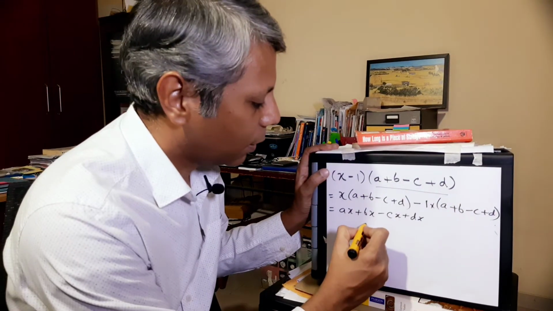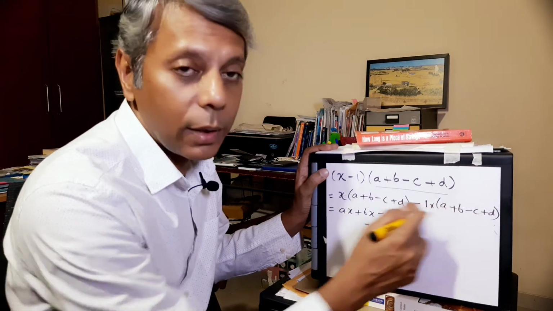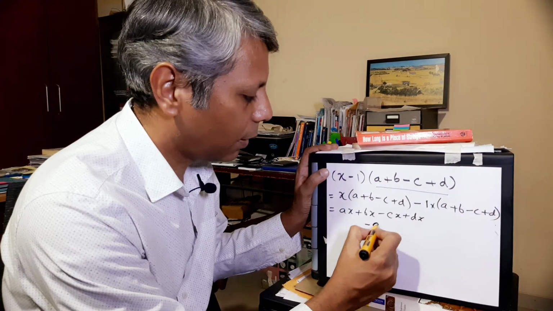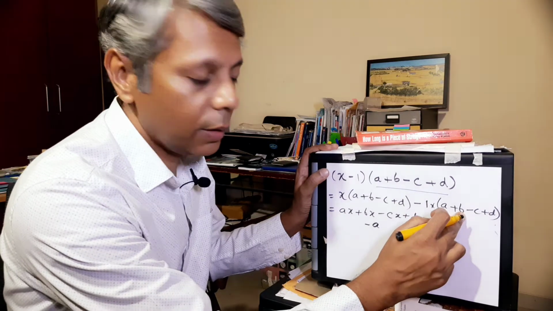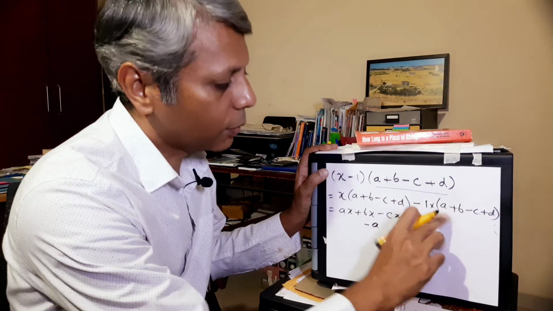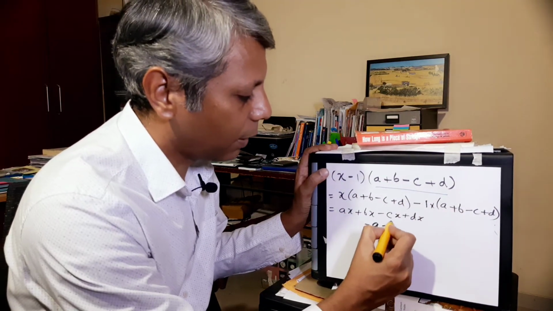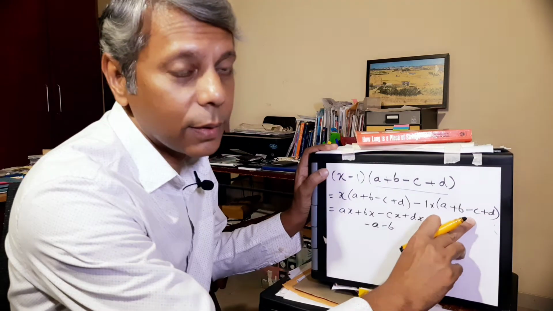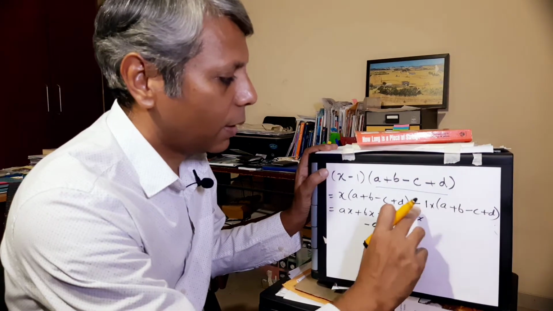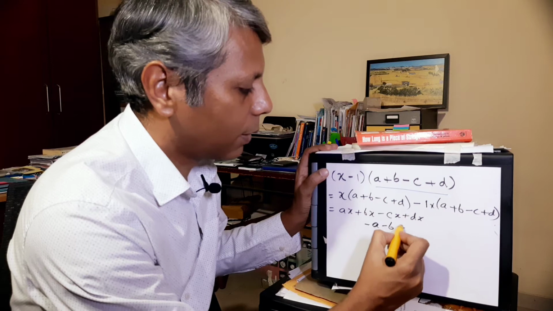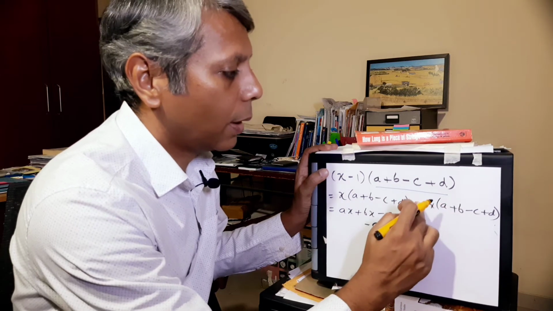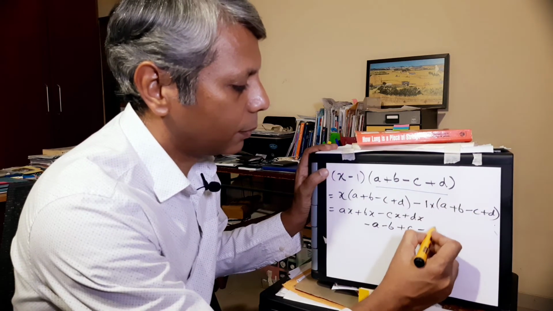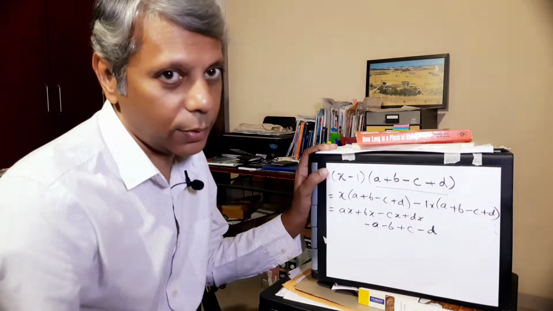So it is minus 1 into a is minus a, minus 1 into b, this is plus, so it flips, so minus b, and this is minus, so this flips to plus, and it is plus c, again minus d. So that is the answer.